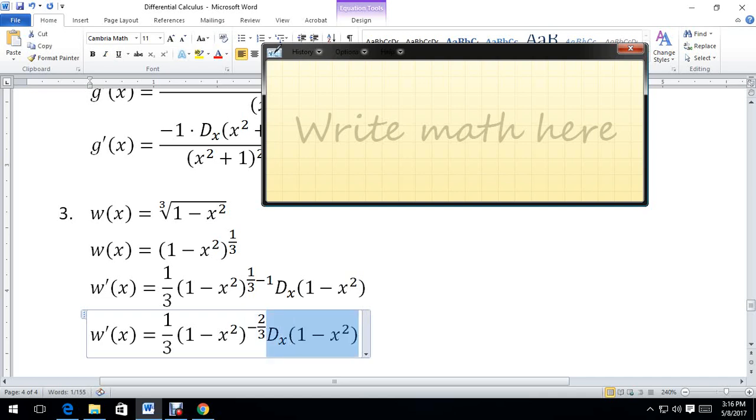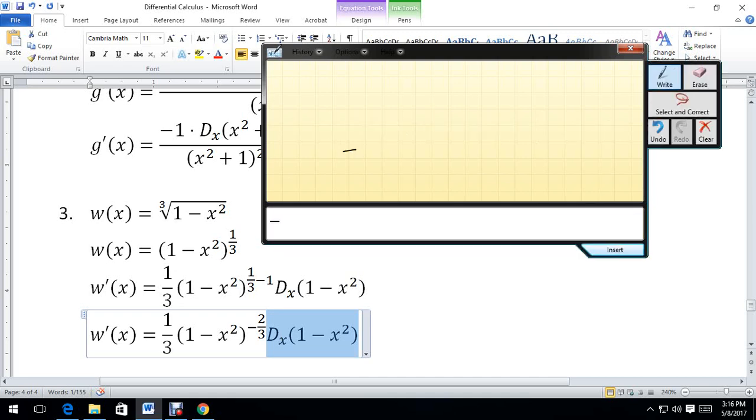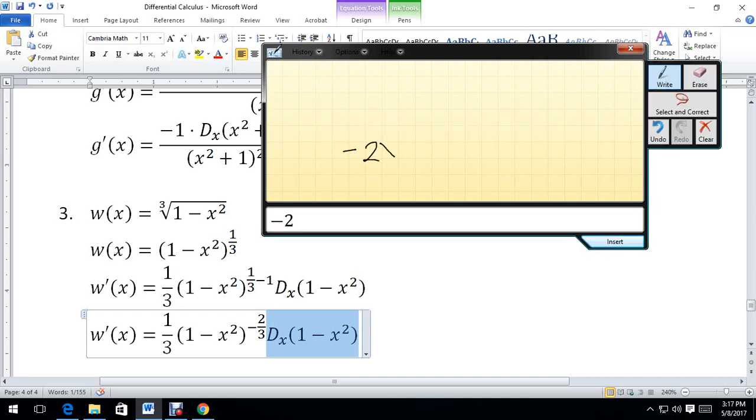Now, as for the derivative of 1 minus x squared, the derivative of 1 is 0, while the derivative of negative x squared is actually, let's try to write this one. Okay, so the derivative of negative x squared is actually negative 2x raised to 2 minus 1 is 1.